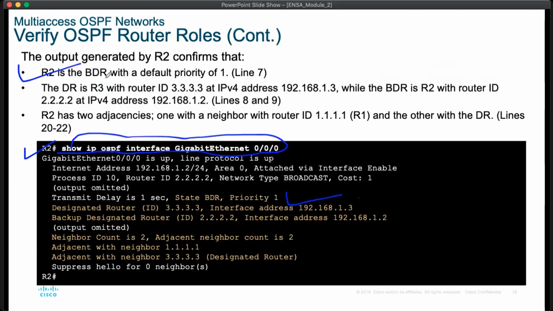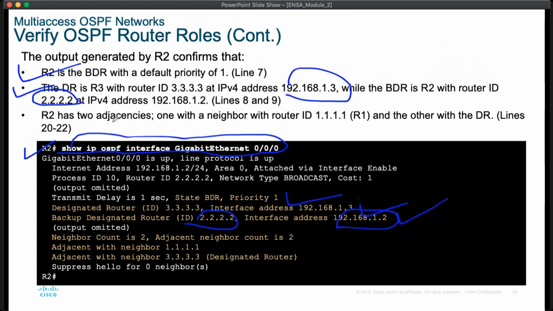The DR is router 3 with router ID 3.3.3.3 and IP address 192.168.1.3, while the BDR is router 2 with router ID 2.2.2.2 at IPv4 address 192.168.1.2.